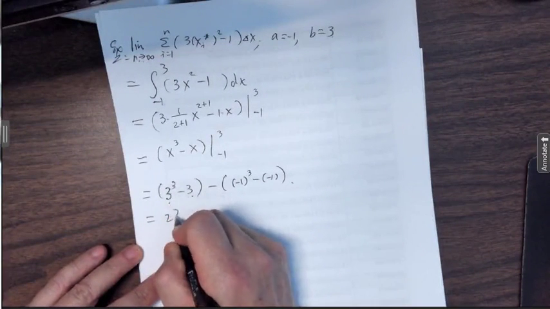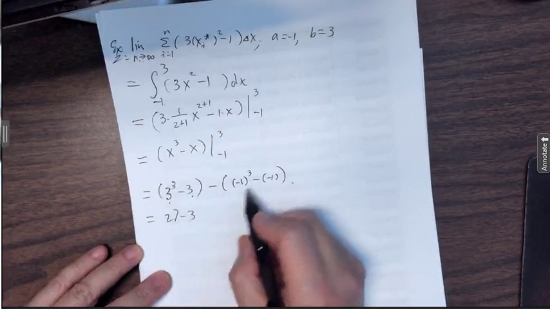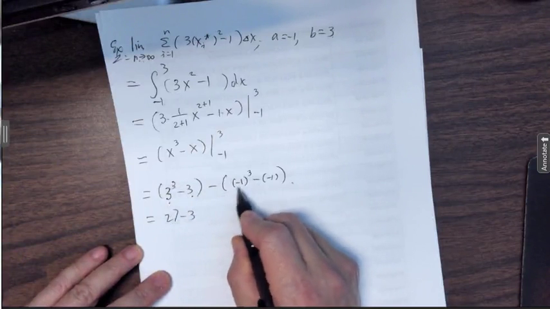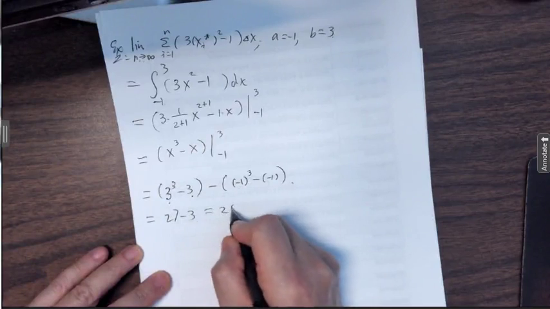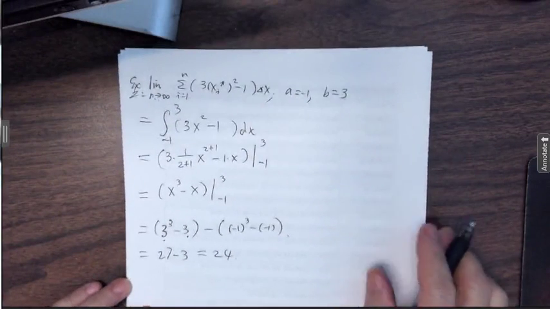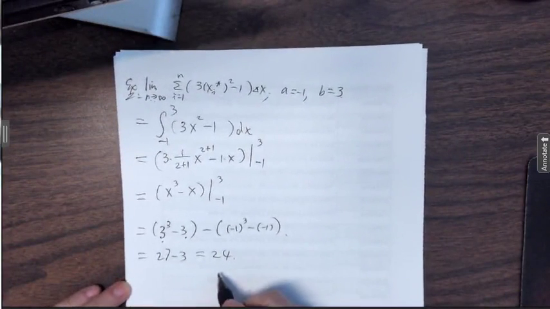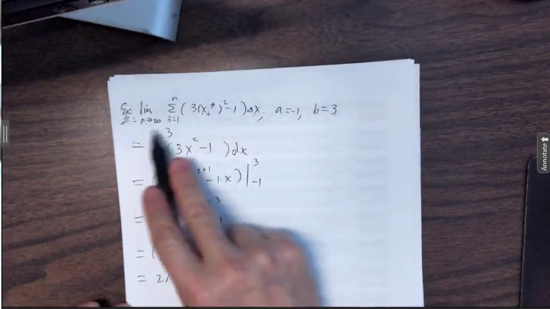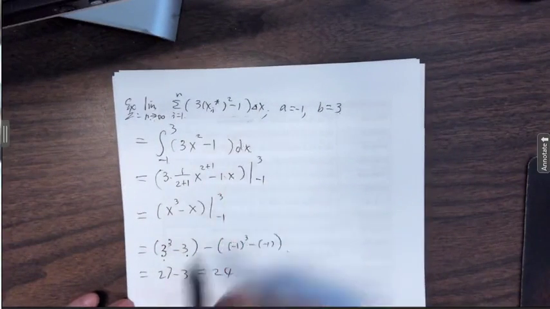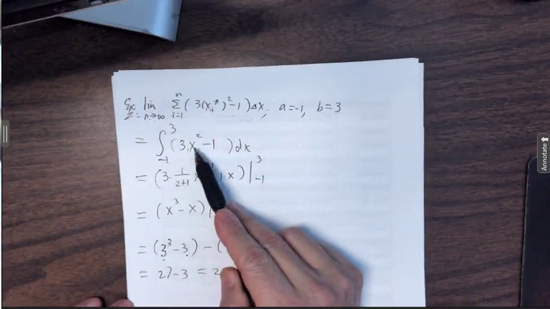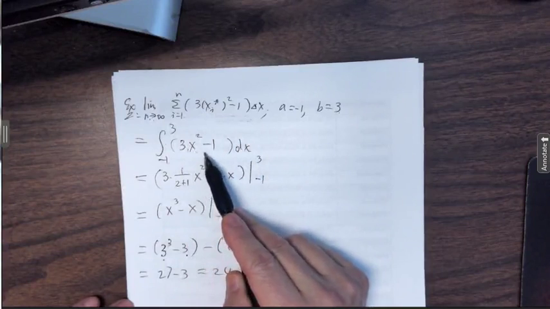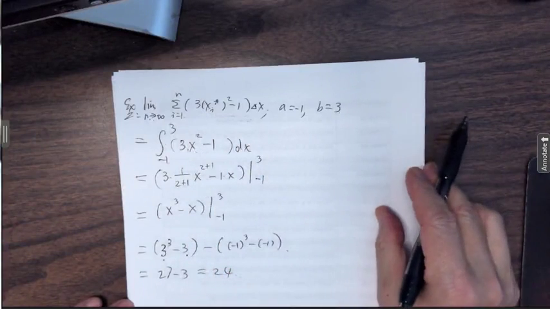That's 27 minus 3, and this is -1 plus 1, so it's 0, so it's 24. So we found the value of this limit expression by first turning it into a definite integral, and then evaluating the integral: 24.